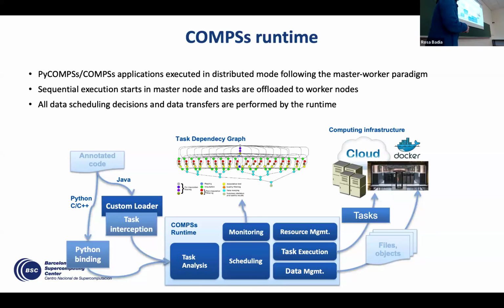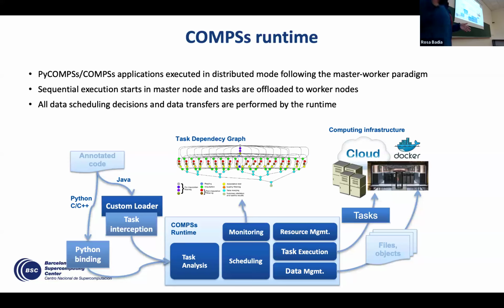Actually, in MareNostrum, for example, since each of the nodes is very big, with 112 processors, usually we don't use a single node just for the runtime. Usually, we also put a worker there. So in that case we have in the same node the master and a worker, and the other nodes will act as workers.